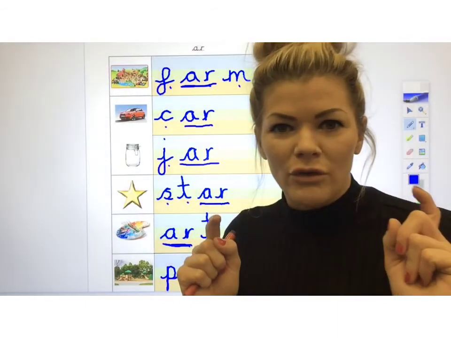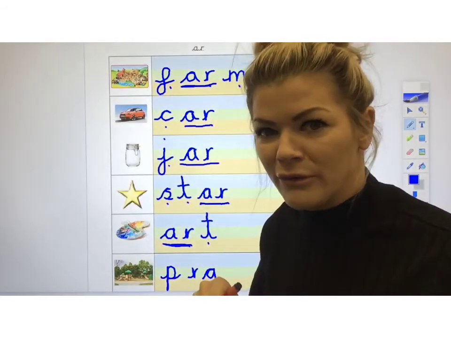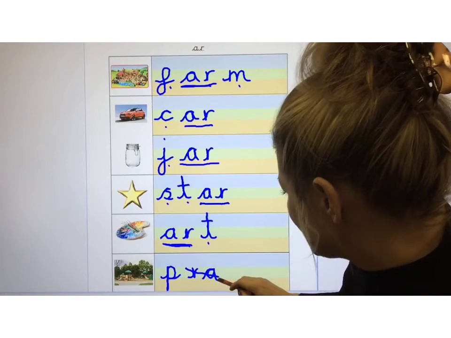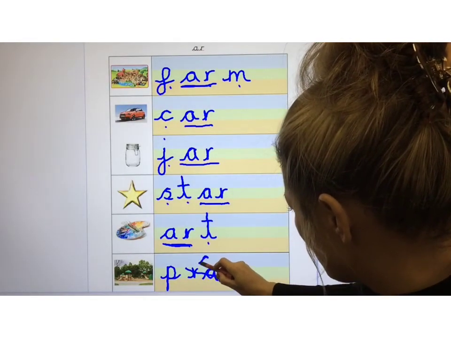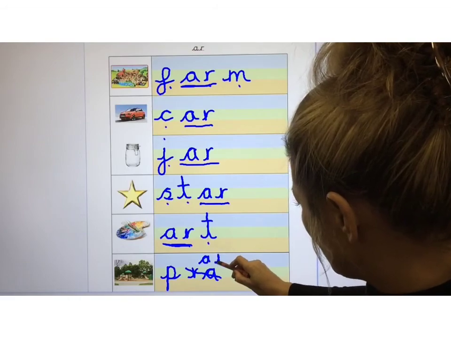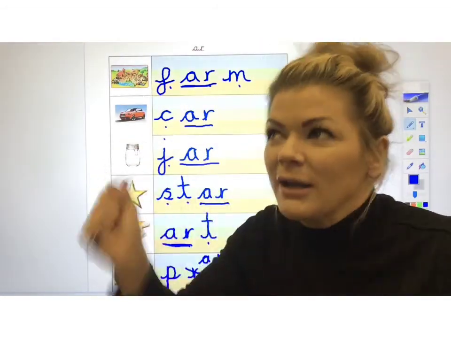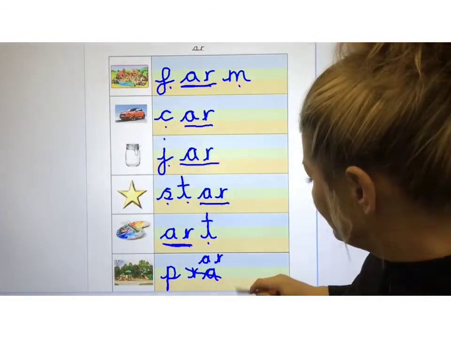I think I've got the digraph the wrong way round. I haven't put the apple first, I've put the robot first. I've just made a mistake, but it doesn't matter. Mistakes are a part of how we learn, and then I'll just put it above there so that my mummy can see that I made a mistake. I've crossed it out with one line. I haven't scribbled over it and gone crazy. I've just put one line through it and then written R at the top there.